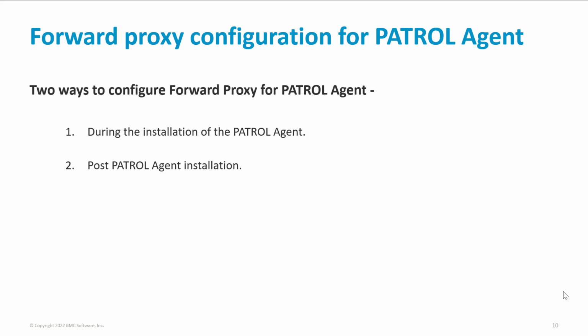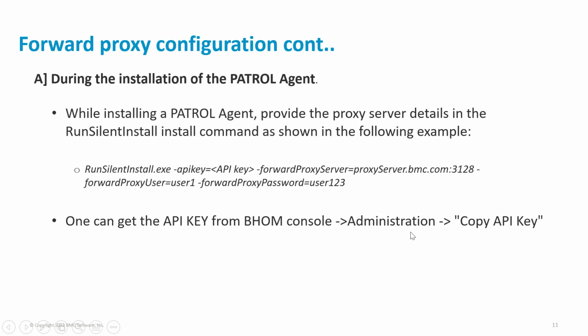Now let's see forward proxy configuration for Patrol Agent. There are two ways to configure forward proxy for Patrol Agent. First is during the installation of Patrol Agent, and second is to configure forward proxy after the Patrol Agent installation. Now we will check the proxy configuration during the Patrol Agent installation. To achieve this, create a package in the BHOM.